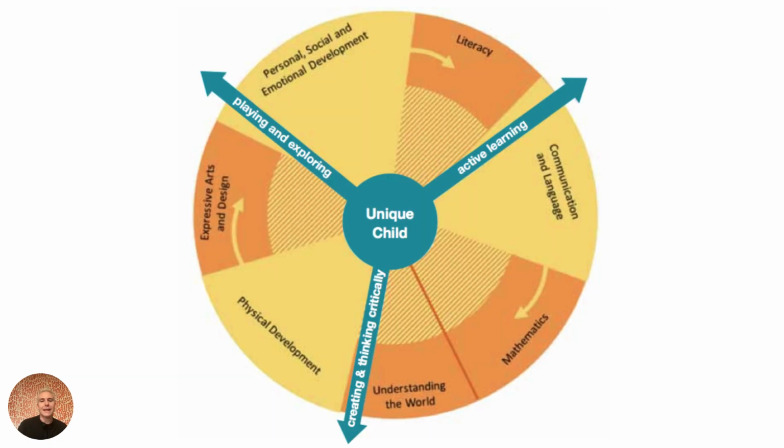And here you see a wheel with the child in the middle as the unique child, and you see those 7 areas of learning around the cycle. The yellow parts of that cycle show you the prime areas of learning, and it shows you how they are supported into the more specific areas of learning.